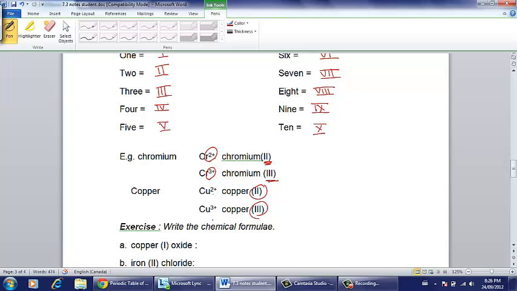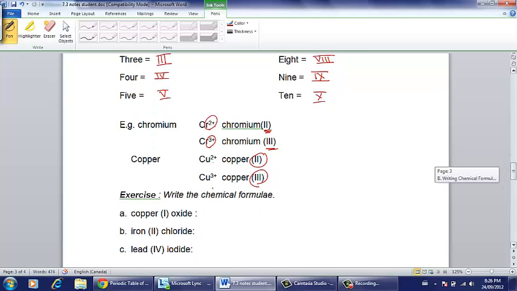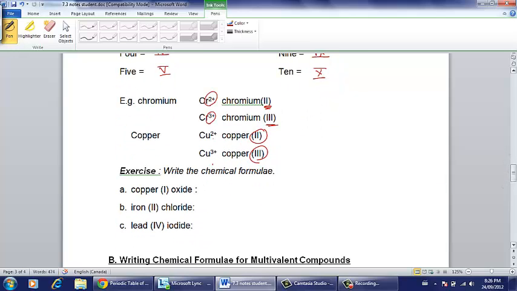We're going to do some practice working with this. So copper 1 oxide, this 1 means that we have an ion charge of 1, so that would have been copper 1+. Oxygen has an ion charge of 2 negative, so when we drop those down, you will get Cu2O.